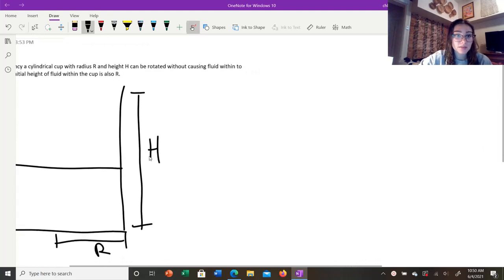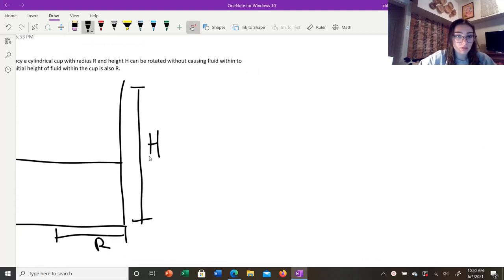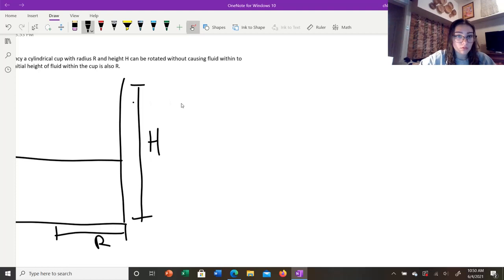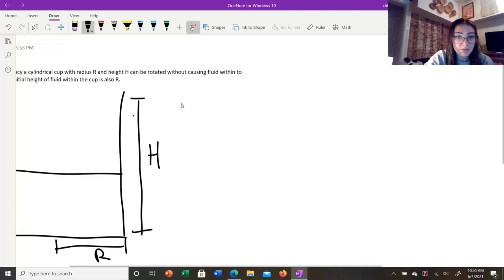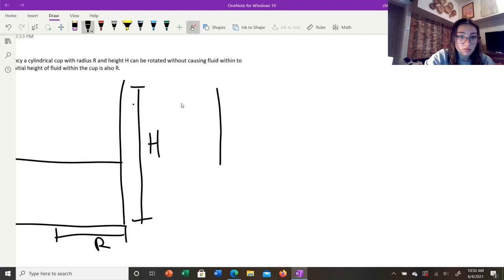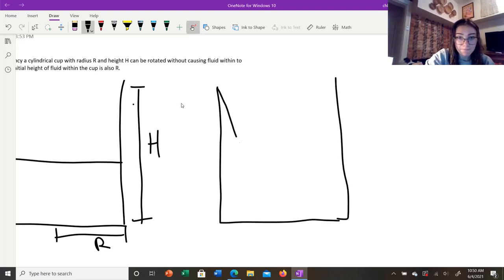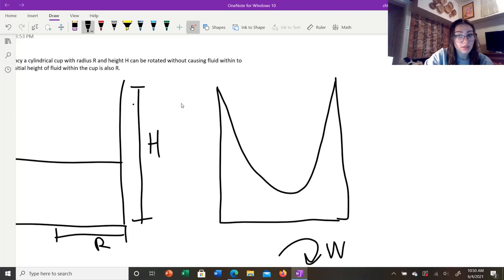What happens is, when we start spinning the cup, the liquid goes up. We're spinning it at an angular frequency W. What we're trying to find in this whole thing is W. We know that this is the center, so this is 0, and this is some point a distance r away.